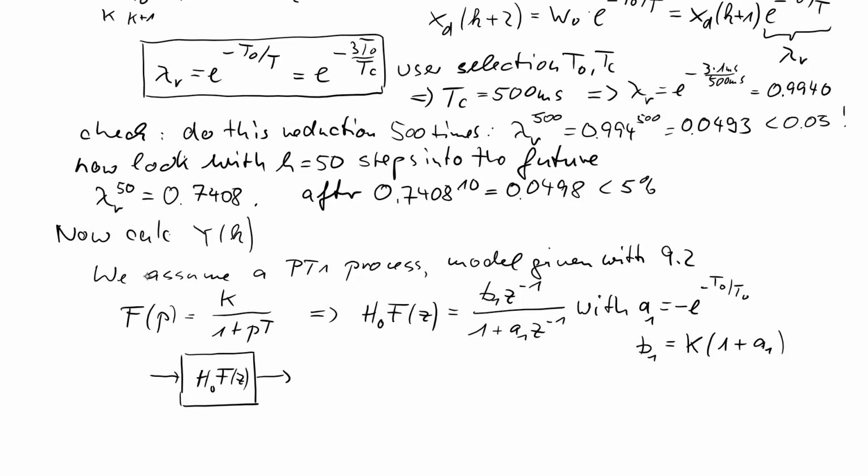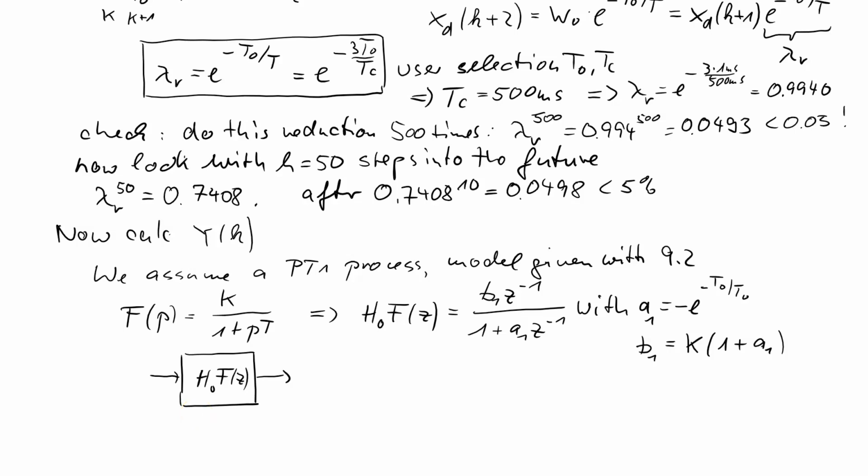F of z, that is my model, and the output values are called y of k, and the input value is the process model. Should be clear with this.